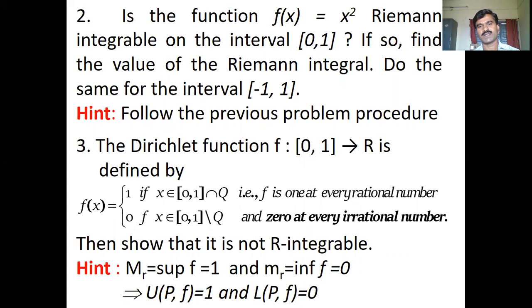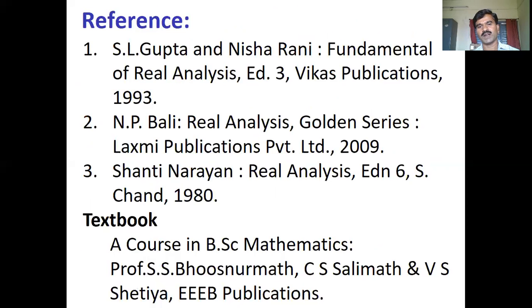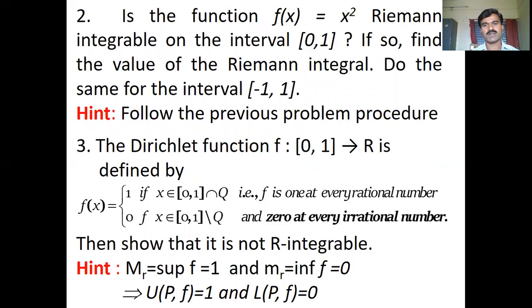So definitely this function x squared is Riemann integrable. Find the upper and lower Riemann sums and the upper and lower Riemann integrals. Ultimately, f(x) = x squared is R integrable over [0, 1], and the value of this integral is 1/3. We can definitely do the same for the interval [-1, 1] also.